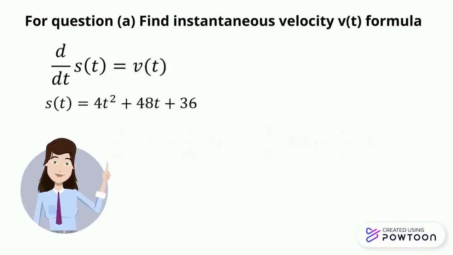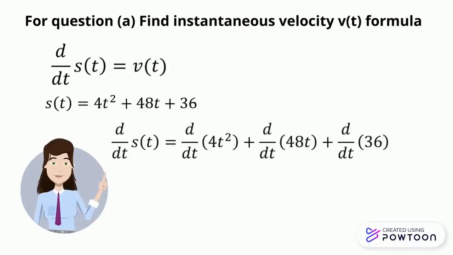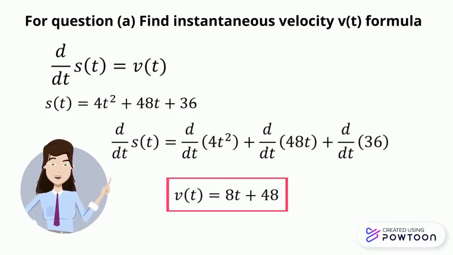Then perform the formula. The derivative of s of t is equal to the derivative of 4t squared, which is 8t, plus the derivative of 48t, which is 48, and the derivative of 36 is 0. So our instantaneous velocity is equal to 8t plus 48.